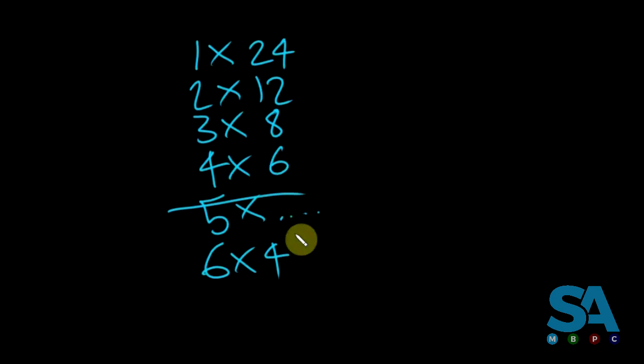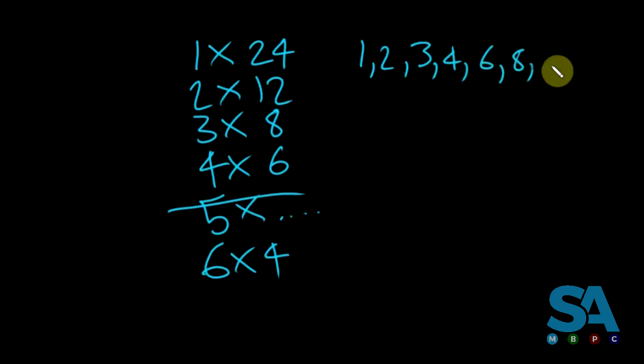So from here, we don't go any further. All the factors of 24 are within this region here. So we have 1, 2, 3, 4, 6, 8, 12, 24. And these are already in order, like so. So these will be the factors of 24.